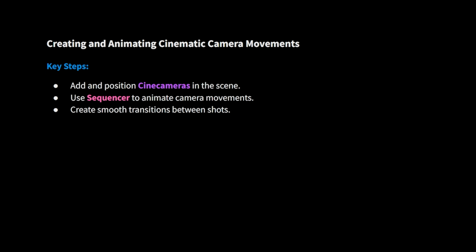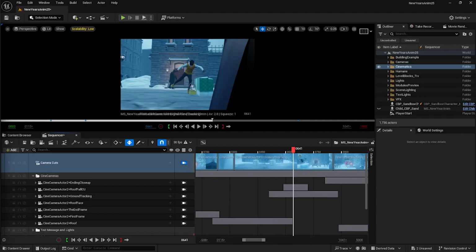We will use Sequencer to create transitions, if necessary, between different camera angles and positions. We can also add keyframes for camera positions and adjust the timeline to create smooth transitions. You can then implement the planned cinematography, including establishing shots, close-ups, tracking shots, and more to create a dynamic and engaging sequence.